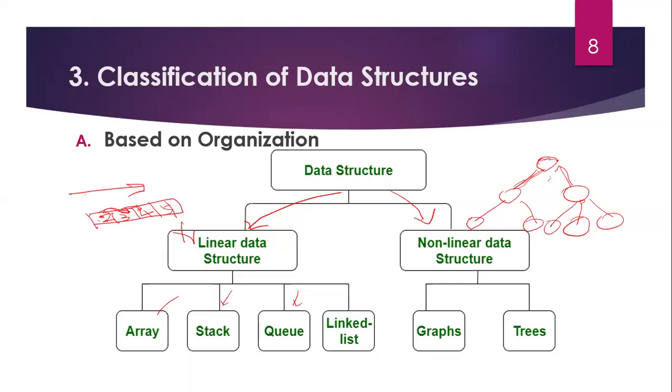But here, we have connected all the data in a hierarchical method. Sometimes they have asked about this in past papers, so we can discuss these past paper questions in the last lectures.